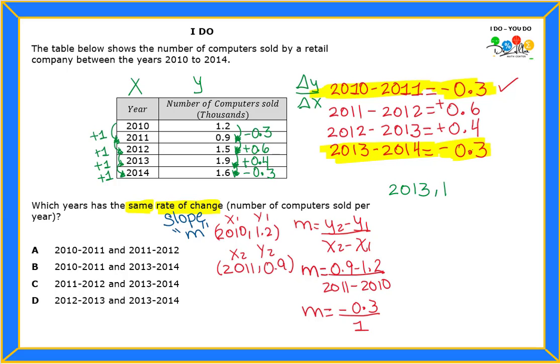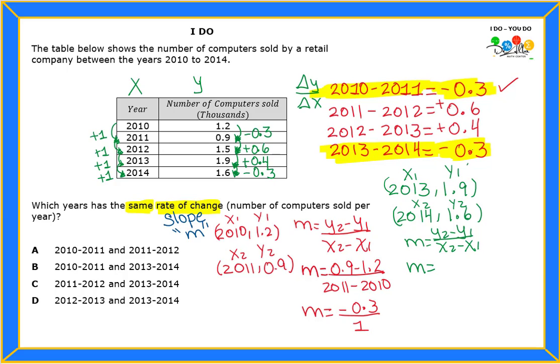2013 goes with 1.9 and 2014 goes with 1.6. Okay, let's write our labels here. This is x sub 1 and y sub 1, x sub 2 and y sub 2. Okay, let's write the formula. y sub 2 minus y sub 1 over x sub 2 minus x sub 1.